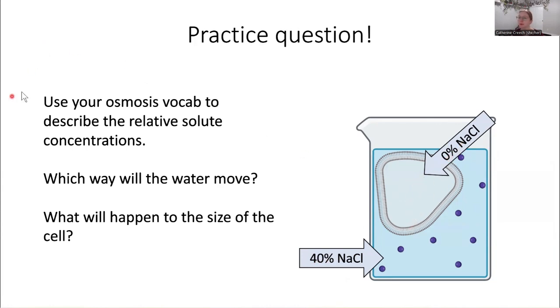The water is going to move to wherever there is more space for water molecules. So water moves from high concentration of water to low concentration of water. You can also just think water moves to wherever there's more solutes. And so this cell will start to lose water and it will shrink. It will decrease in size.